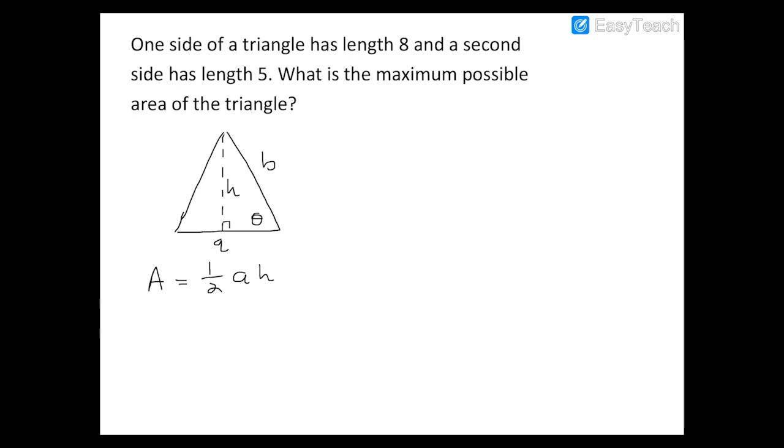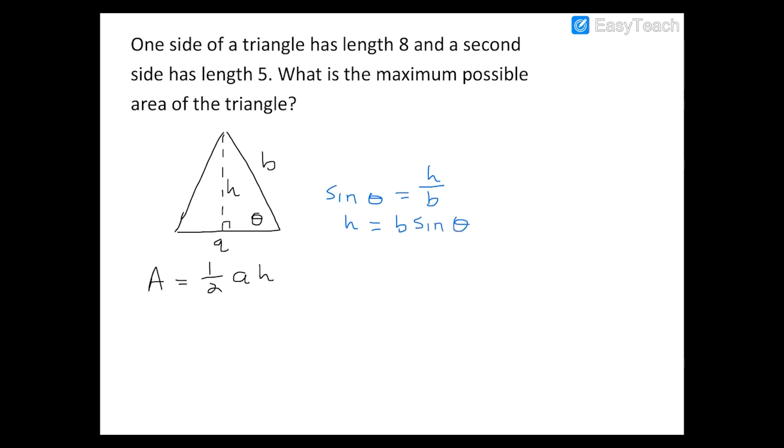But if you remember from trigonometry, the opposite side to this angle here is H, and B is your hypotenuse. That means sine of angle theta is equal to the opposite, which is the height H, divided by the hypotenuse, which is B. And now we can solve for H and say H is equal to B sine of theta.